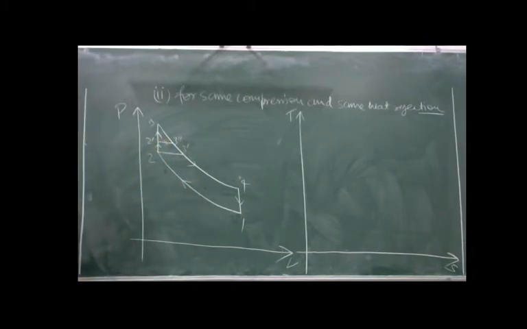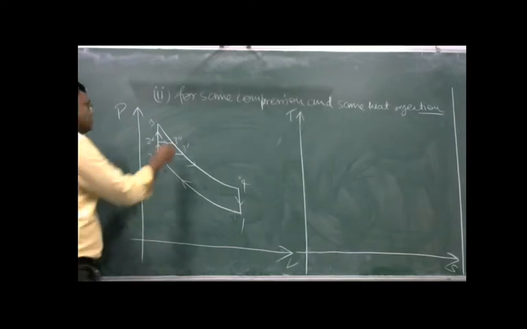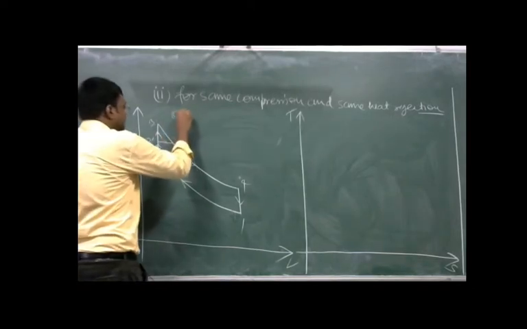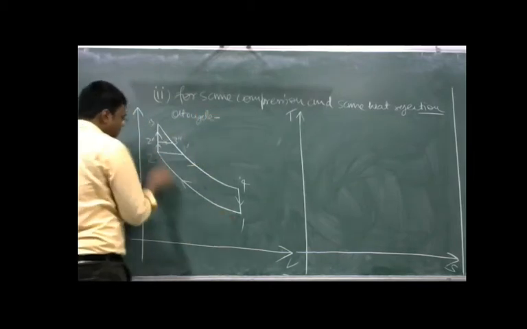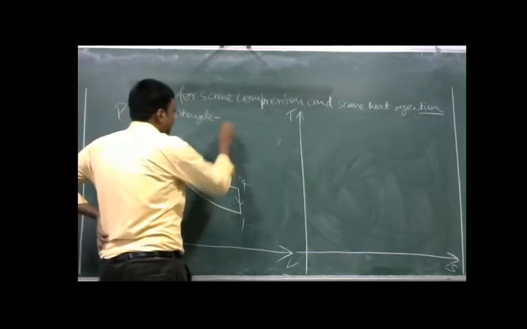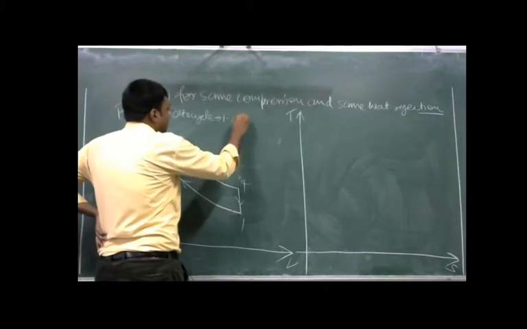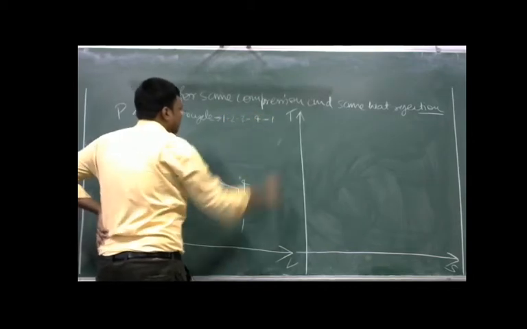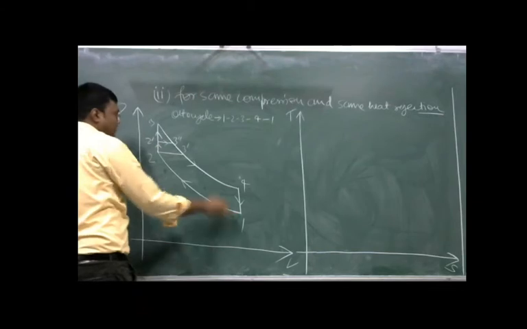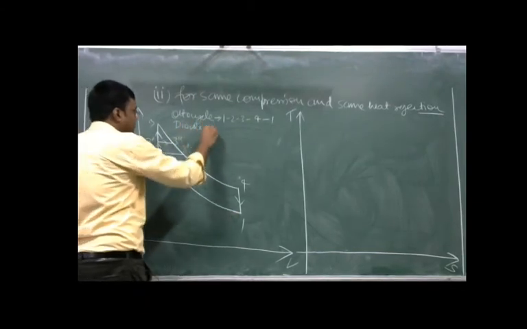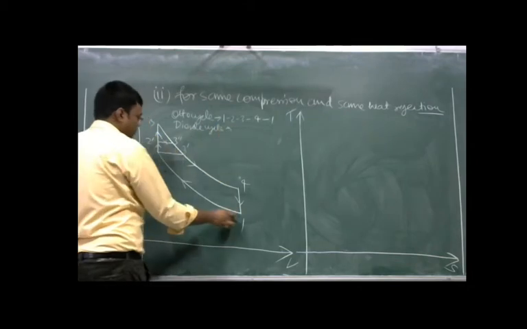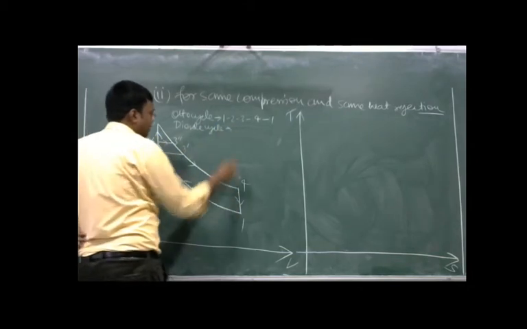We can write here the cycles. Otto cycle 1 2 3 4 1. Diesel cycle 1 2 3 dash 4 1.